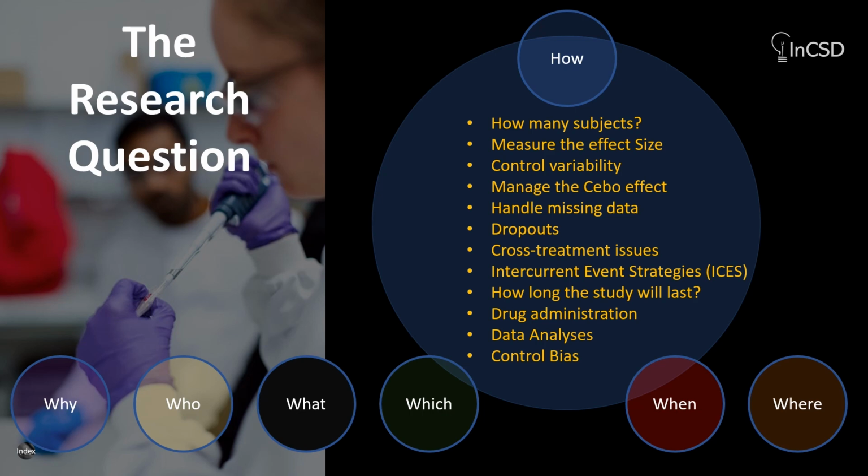Which then raises the question, how will the blinding and integrity of the trial be maintained? They must also be clearly explained in the protocol and or the blinding maintenance plan, plus the statistical analysis plan.